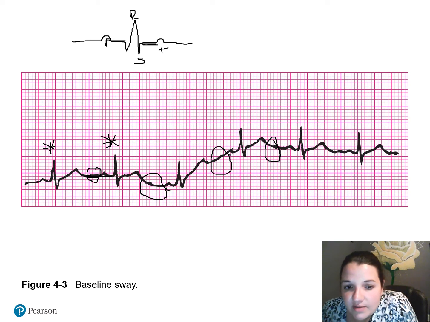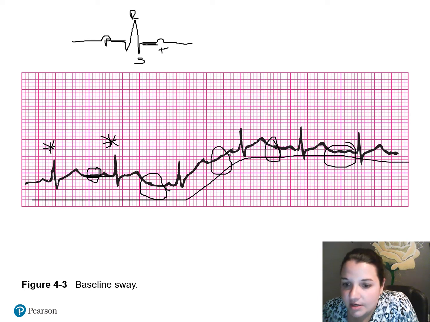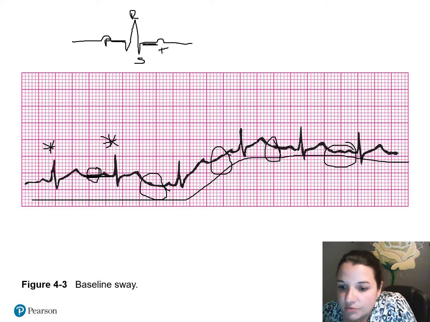So if I look at my baselines, would you say it's kind of swaying? We started down here and then we went up here. Baseline sway. So imagine the lotion, or somebody who is sweating, or maybe they're a heavy breather, and every time they breathe their chest goes up a lot. That's causing the electrode on the skin to move, which gives us the artifact of a baseline sway.